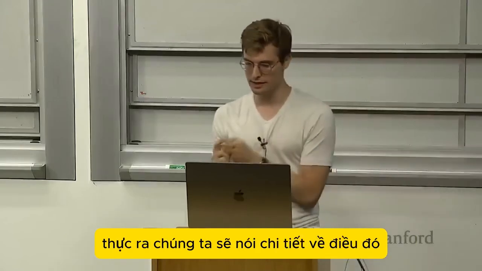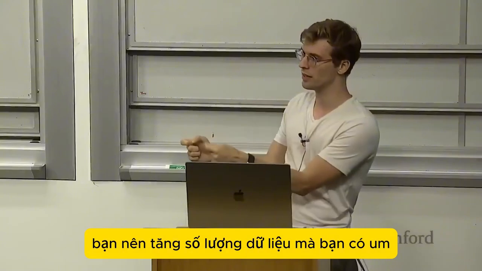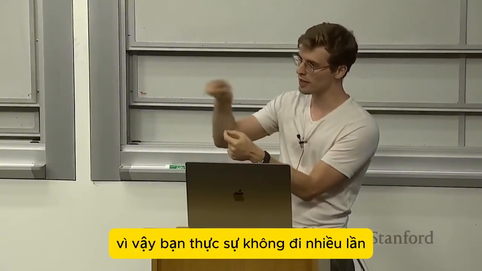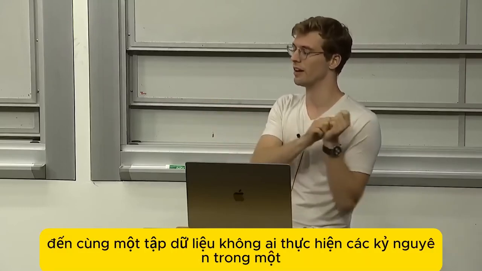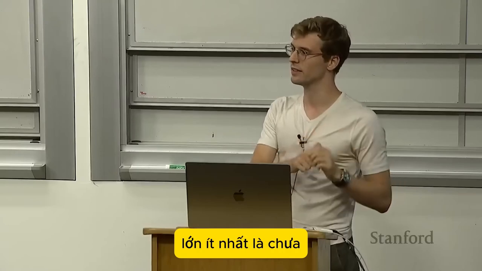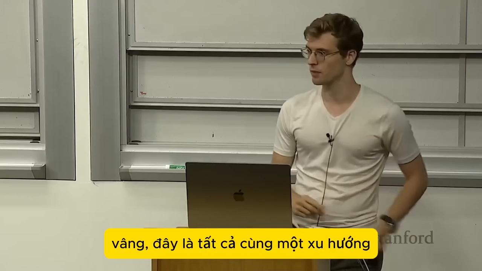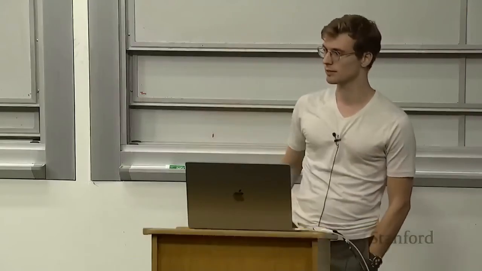We're going to talk about that in detail, but basically, if you increase the number of parameters, you should increase the amount of data that you have. So you actually don't go multiple times through the same data set. No one does epochs in large language models, at least not yet, because we still don't have enough data. So yeah, this is all the same trend: increase compute, decrease loss.